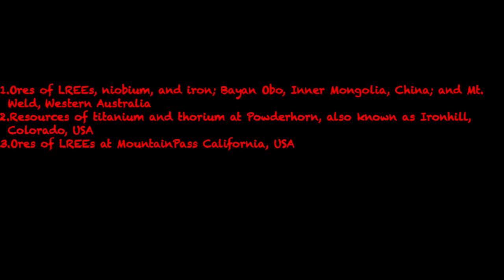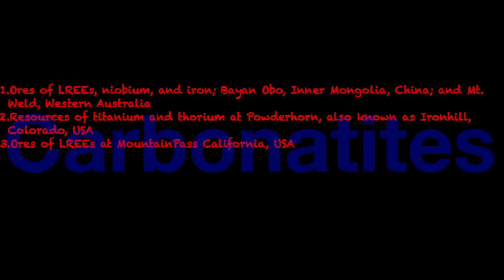Looking at these examples and some other incidents of ore occurrences, one can conclude that, as of now, carbonatites and genetically related rocks are the primary global sources of the LREEs. Let me present to you some brief information about the nature of typical carbonatites that host LREE deposits before beginning with the genesis of the LREEs in these rocks.